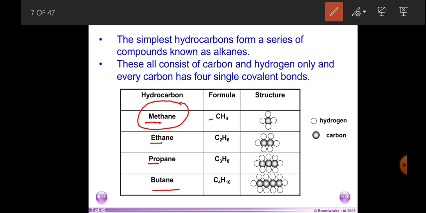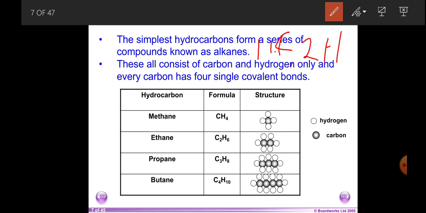If you look at member number 3, propane, it has 3 carbons and 8 hydrogens. If you subtract 1, you get 2 carbons. If you subtract 2 hydrogens, you get 6 hydrogens. So the difference between the first member, methane, and the second member, ethane, is 1 carbon and 2 hydrogens.